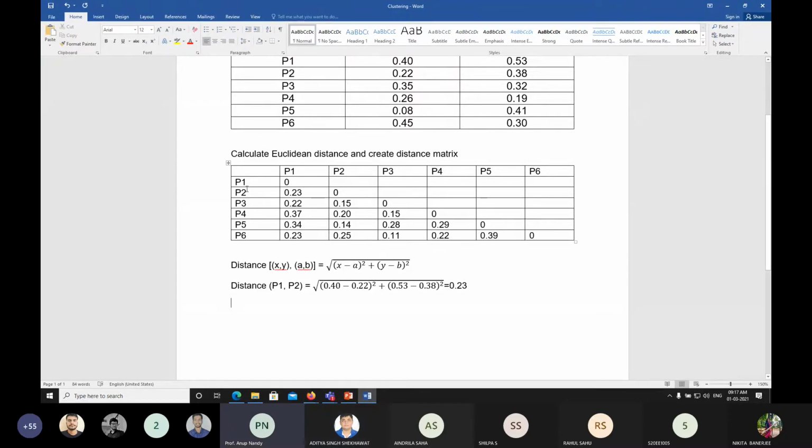In the lower triangular matrix, your minimum element is 0.11. So P6, P3 is the minimum.